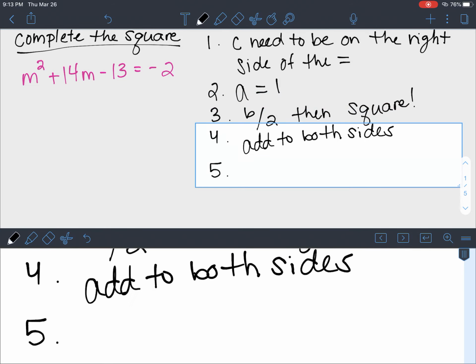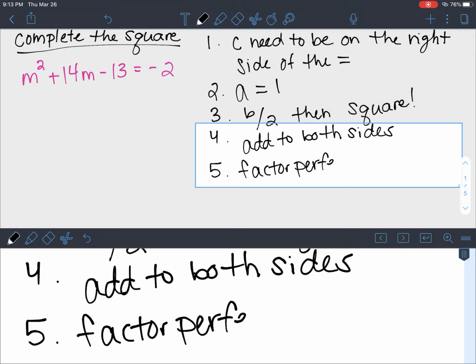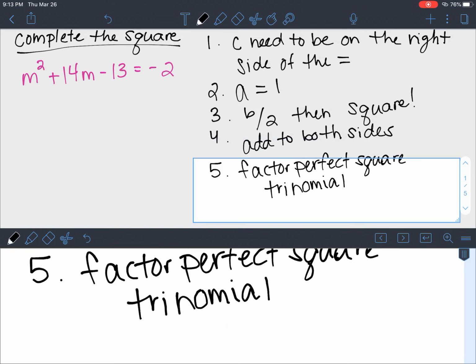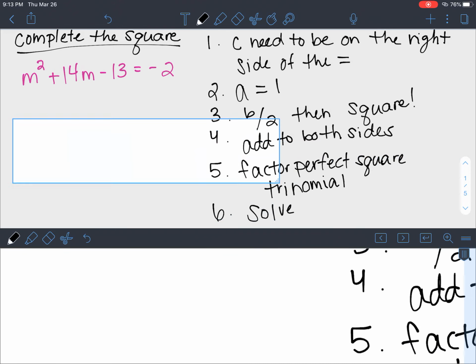Step 5 is to factor into your trinomial. And step number 6 is just to solve. So those are the steps that we're going to follow.